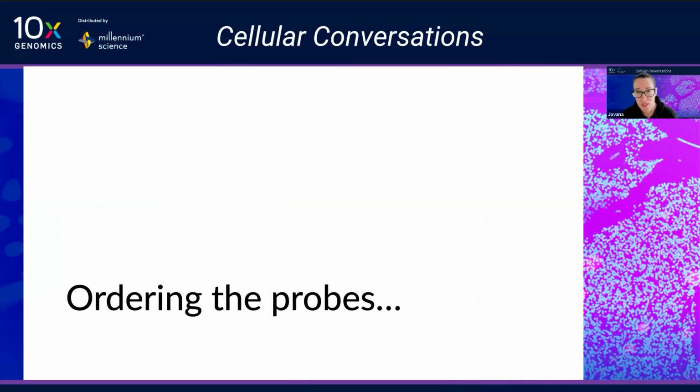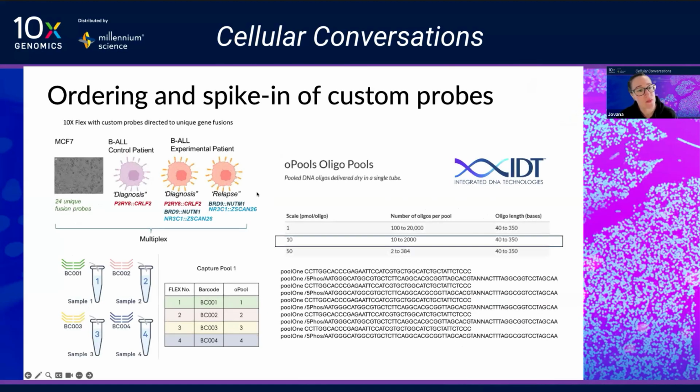So, ordering the probes. Once we had our probes from our software, we had to go and order them and spike them into our 10x panel. So like I said, we had our 4 samples, and as I mentioned earlier, for this pilot experiment, we decided to include all of the custom probes across all of the samples so that we could get some idea about specificity, because we knew that the MCF7 fusions shouldn't be coming up in the patient samples and vice versa.